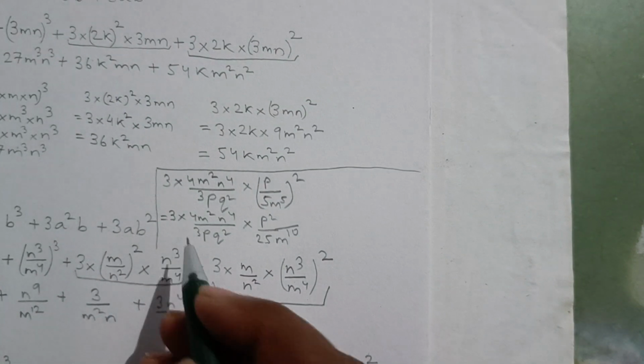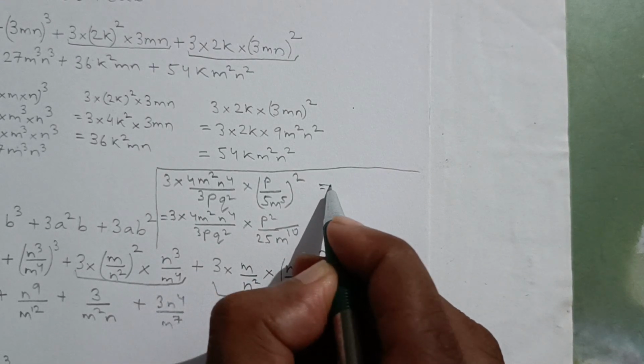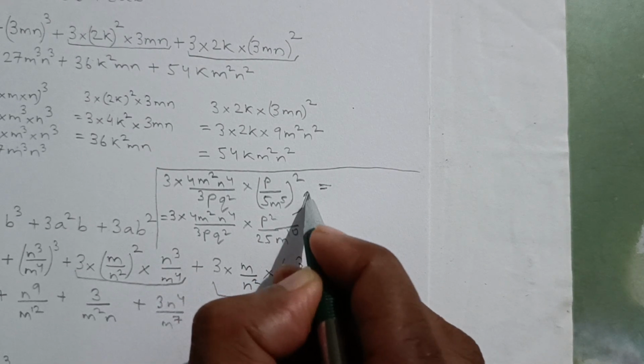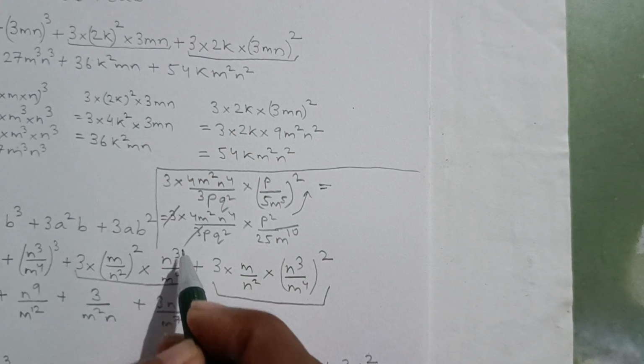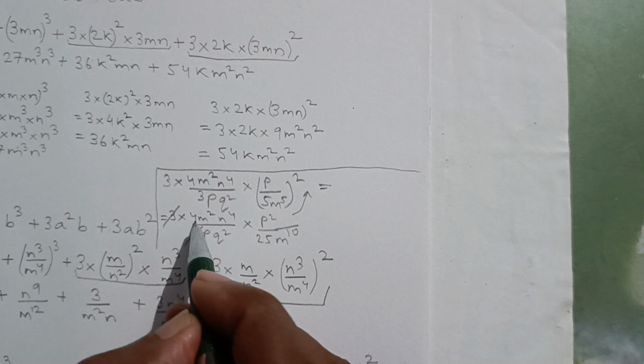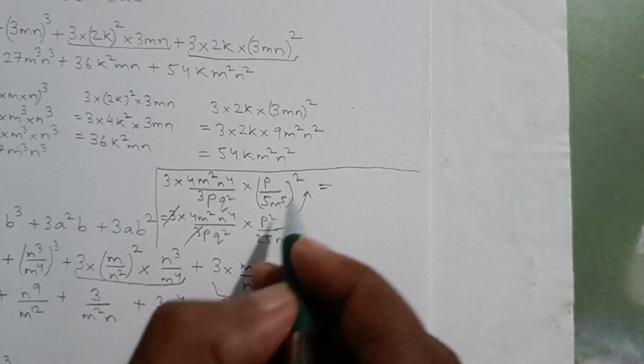So now we have to solve this. So I am doing it over here. From here I am going over here. So 3 and 3 they will cancel with each other, and that's it. So in the numerator I am having 4, in the denominator I am having 25.